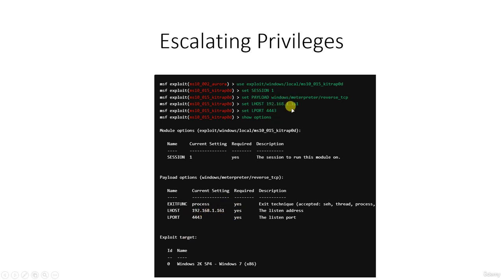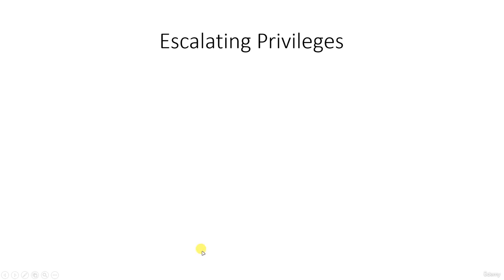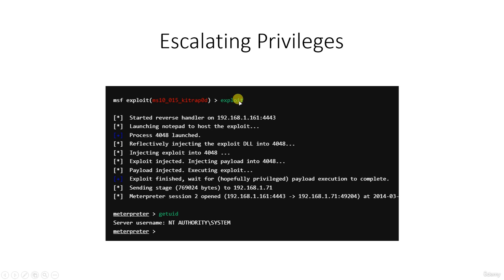This is the IP that we set, this is the LPORT that we set, and all of those options. Windows 7 is right now in exploit mode, and simply typing exploit will start the reverse handler on the IP that we selected, and it is processing.